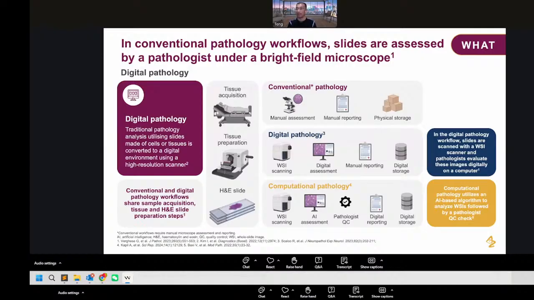Computational pathology uses an AI-based algorithm to analyze the whole slide image. After that, the pathologist does some QC to confirm the diagnosis or certain subtypes, and then it goes into the digital report and digital storage. That's the key difference between conventional pathology, digital pathology, and computational pathology.